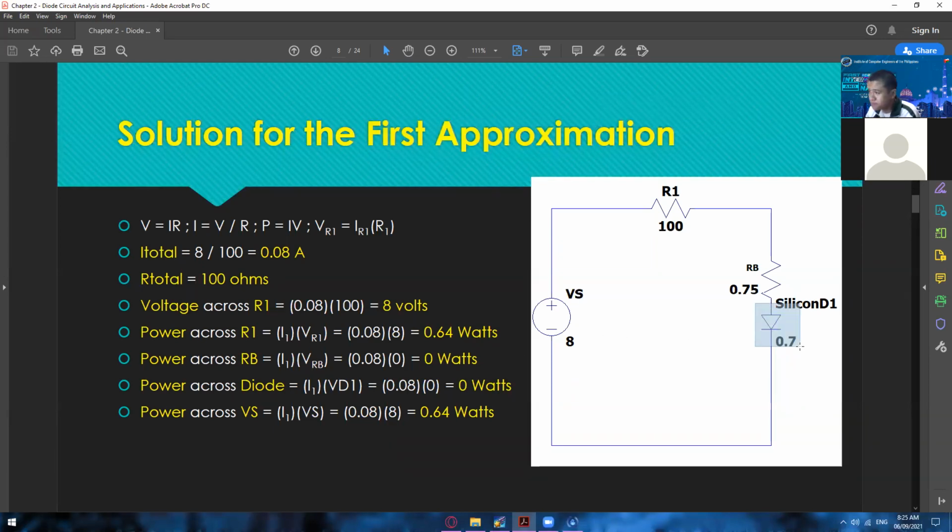In other words, this diode is just like a closed switch, like a wire. So we have a 0 threshold voltage, and any number multiplied by 0 will be 0. For the last one, the power across your voltage source, 0.08 times 8 is equal to 0.64 watts.